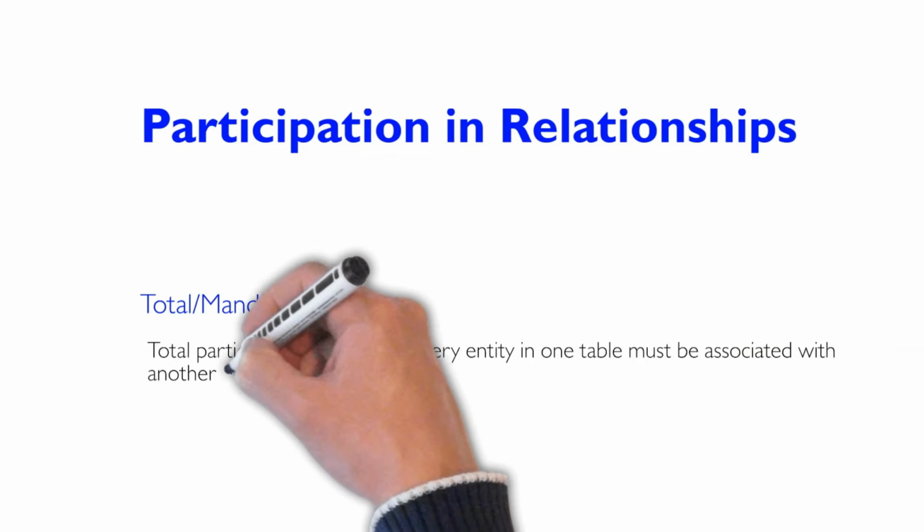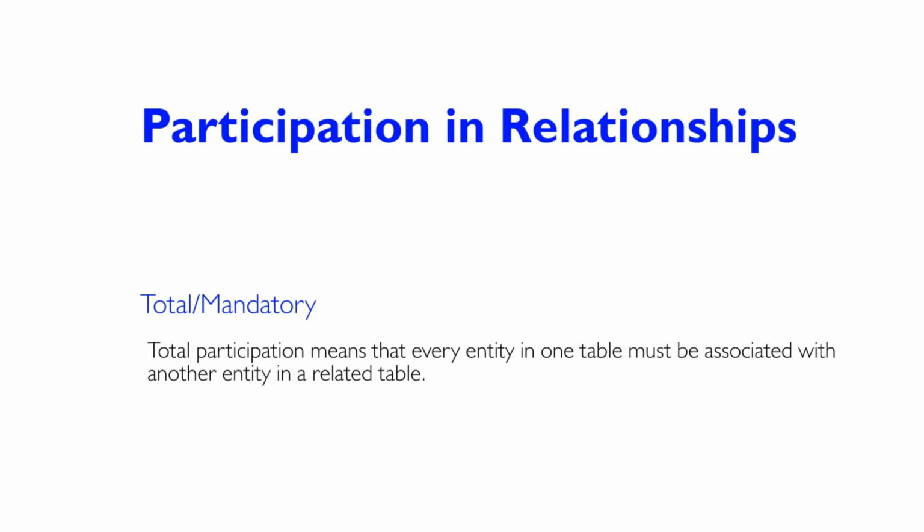So in the mandatory participation, every entity in one table must be associated with at least one entity in the related table. Now let me say that again. Every entity in one table must be associated with at least one entity in the related table.